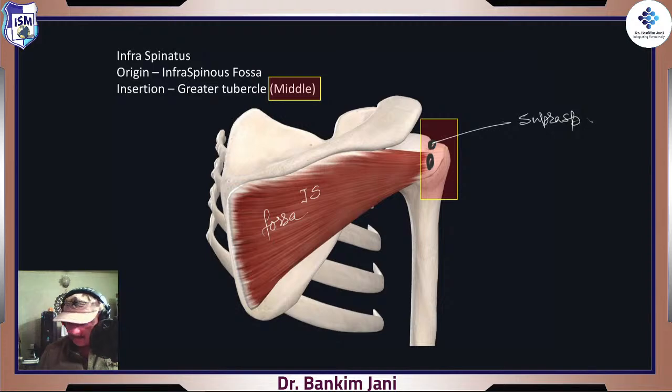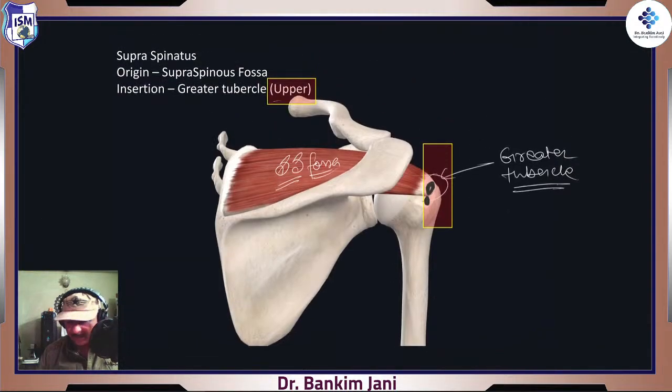Now when we talk about this supraspinatus, what can it really do? Just have a look at its direction. Make a wild guess. When this muscle contracts, it will take the arm up, correct?